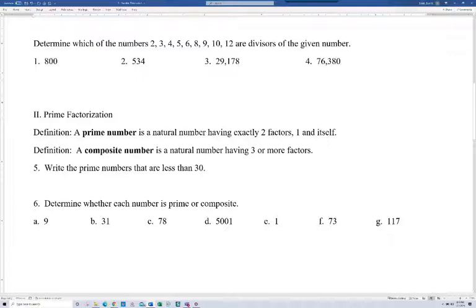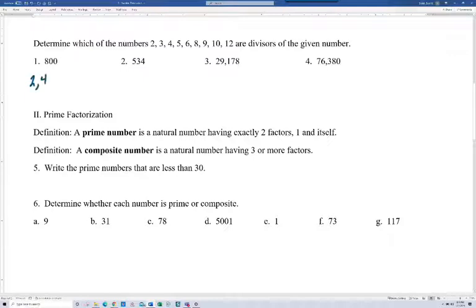So let's look at 800. So certainly 800 is an even number, so it's divisible by 2. 8 plus 0 plus 0 is 8, and that's not divisible by 3. And so 800 is not divisible by 3. The last 2 digits are 0, and 0 is divisible by any number, and so it is divisible by 4.